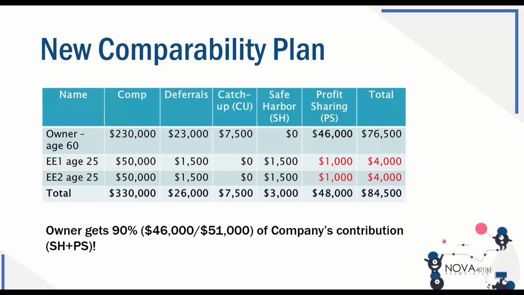So this is a good example of what we call great demographics, because you've got that older owner with younger employees. Again, ideal, and obviously the results are not as favorable when you have less age discrepancy.